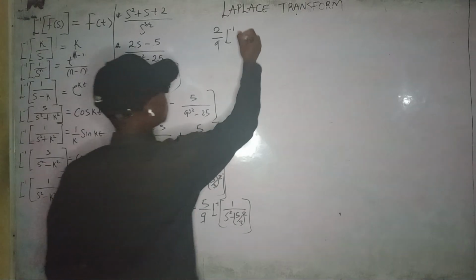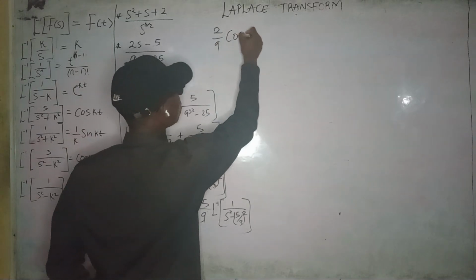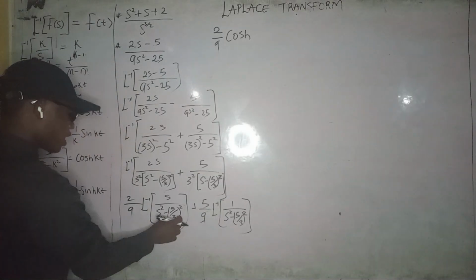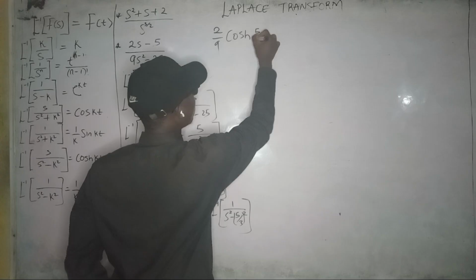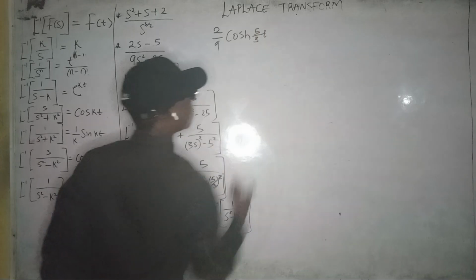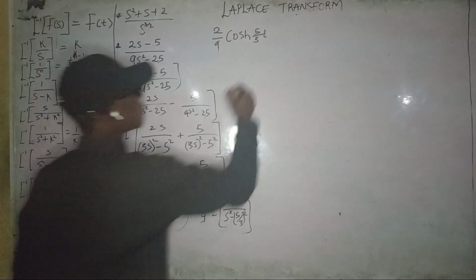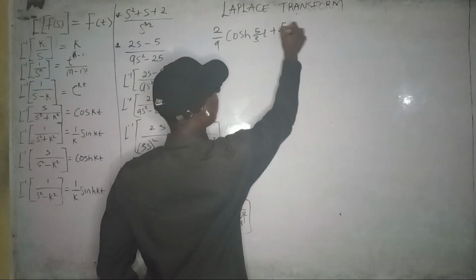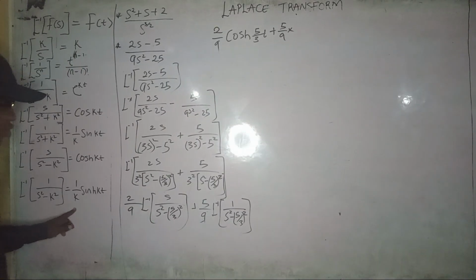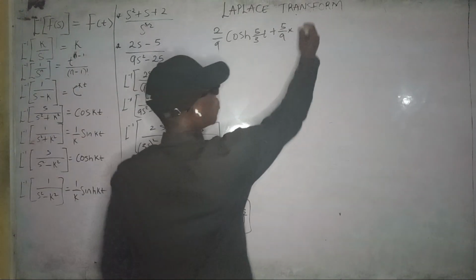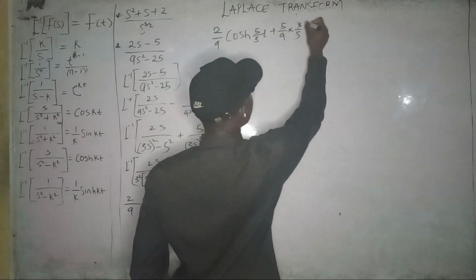What is our constant? 5 over 3, so cos 5 over 3 t. Then for the second one, we are going to have plus 5 over 9, and now it is going to be multiplied by 1 over k, where k is 5 over 3. So 1 over 5 over 3 is 3 over 5 sine kt.